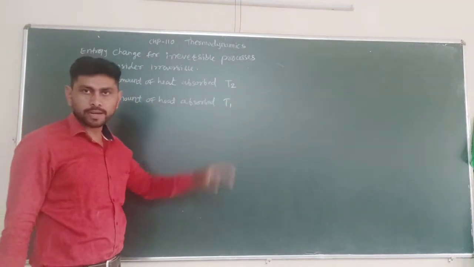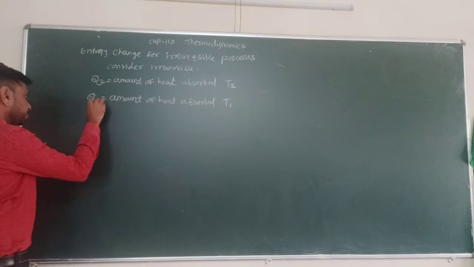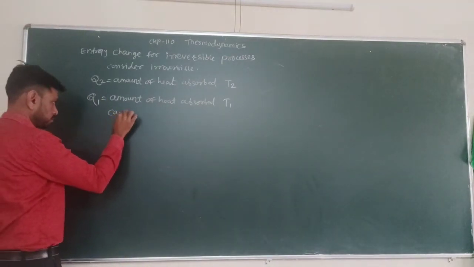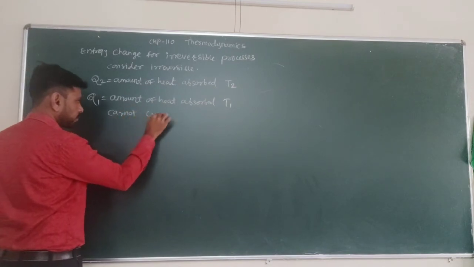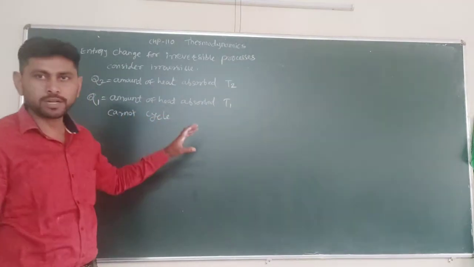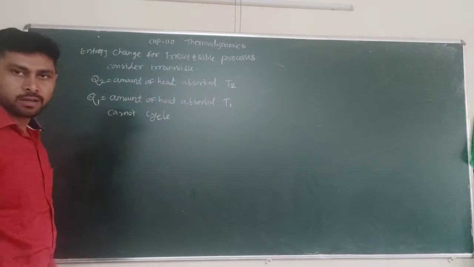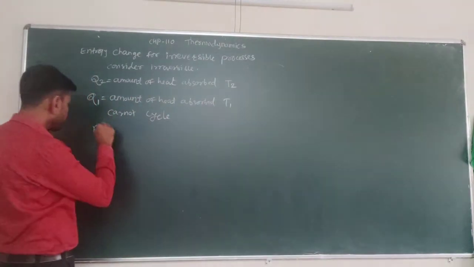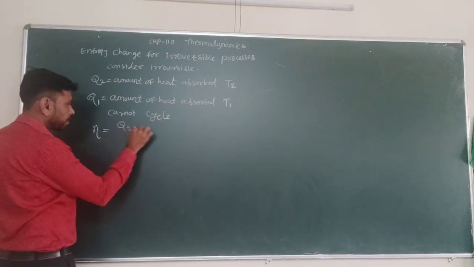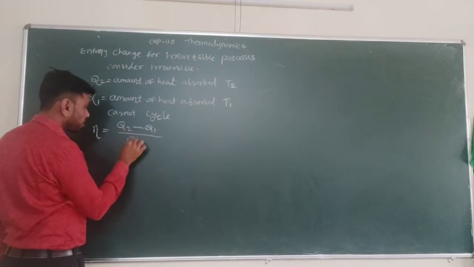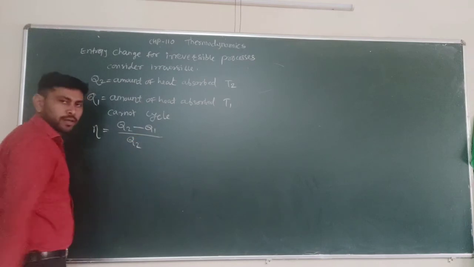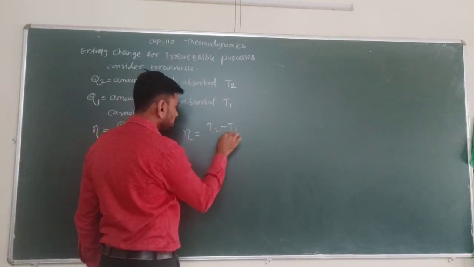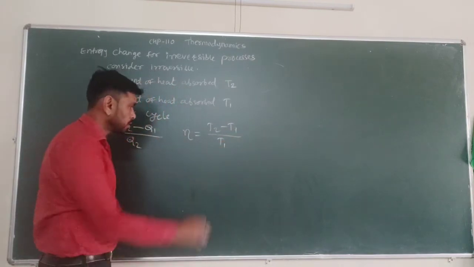The Carnot cycle is an important part of thermodynamics. For the Carnot cycle we can define efficiency, eta, as Q2 minus Q1 upon Q2. In a similar way, in terms of temperature, we can define efficiency as T2 minus T1 upon T2.